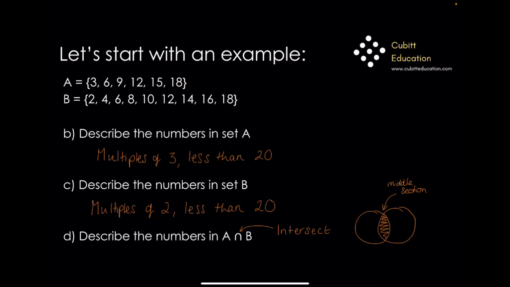So here we would say that these are multiples of 6 less than 20, and we can put in there 6, 12, 18 just to show that we know which numbers were in that middle section. We're just going to go through in a moment and have a look at these different types of notation and what they all mean.